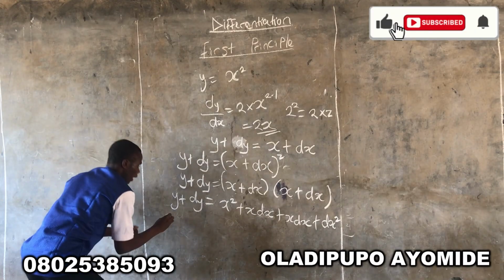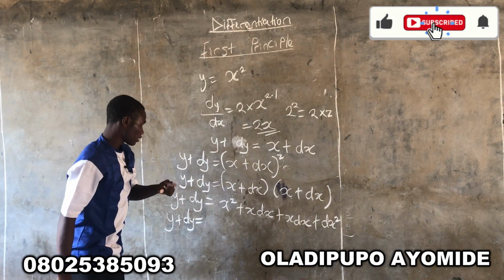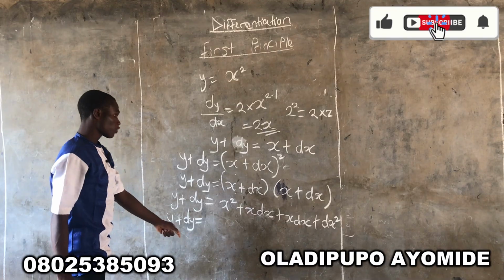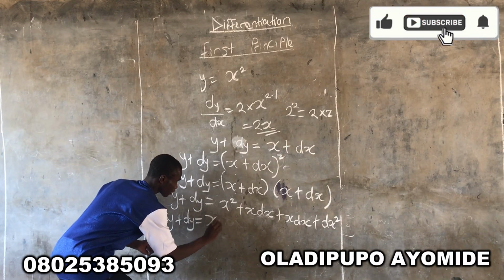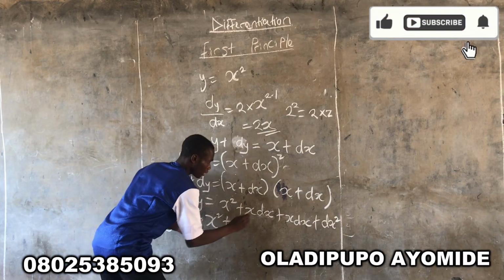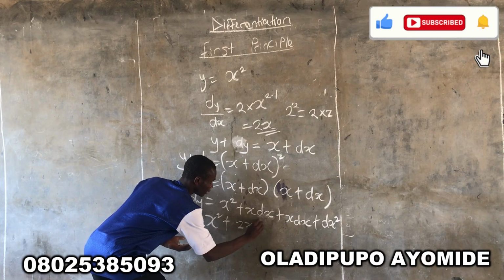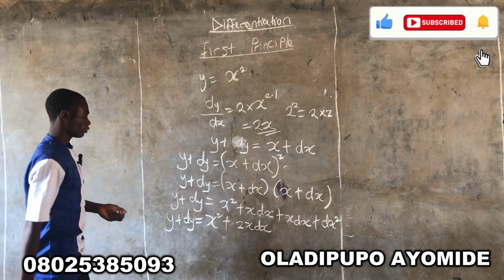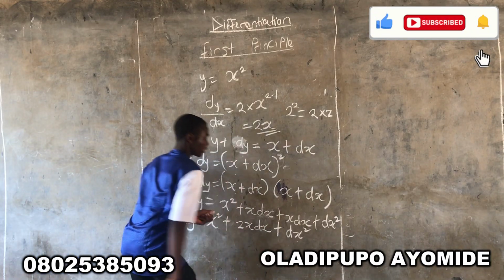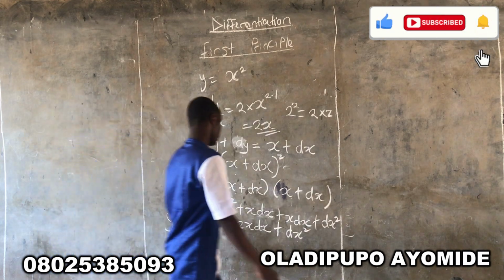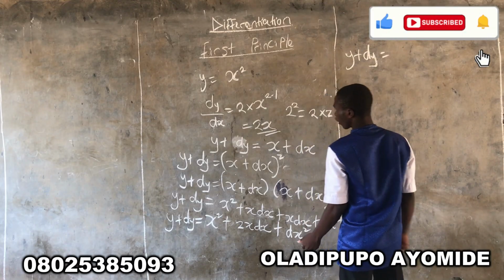So y plus dy is equal to x squared plus x dx plus x dx, which is 2x dx, plus dx squared.